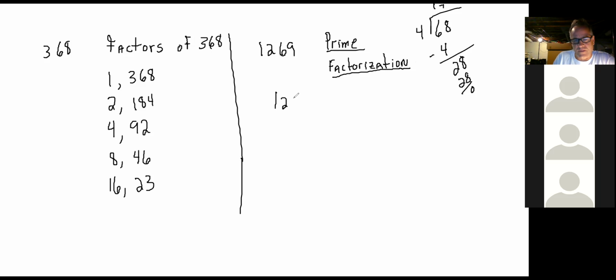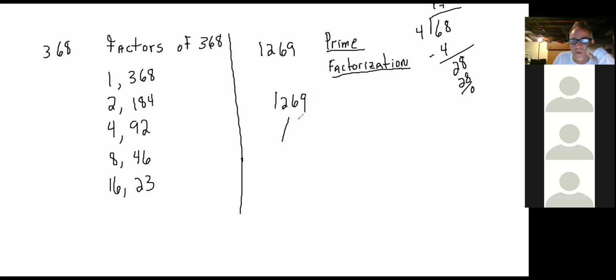If I take that 1,269, I want to start finding numbers that divide into it evenly that are prime. I see that it is not even. So I'm not going to bother dividing by 2, the first prime number. Let's check 3. Now, remember our divisibility test. 1 plus 2 is 3, 3 plus 6 is 9, and 9 plus 9 is 18, which is divisible by 3.